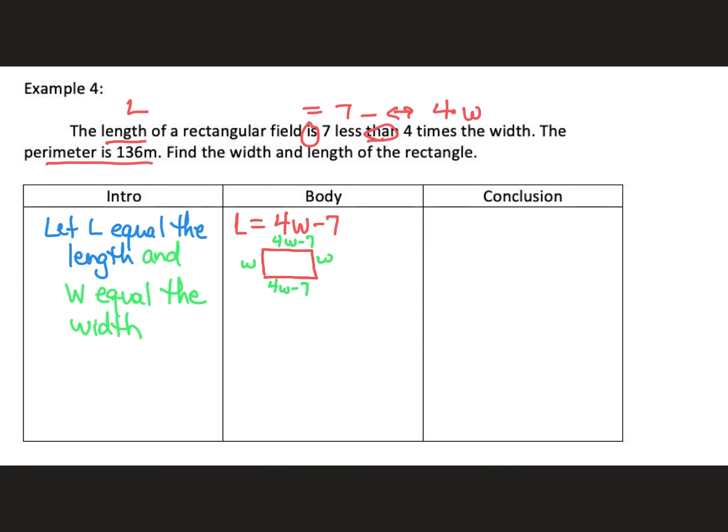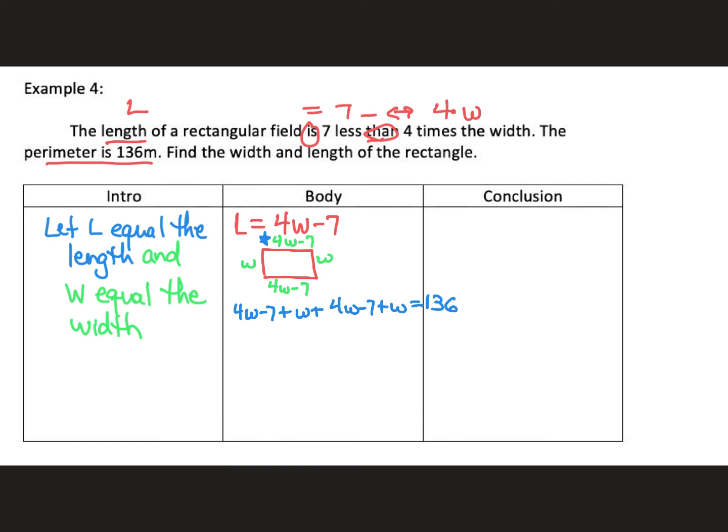I'm going to start kind of here. So we have 4W minus 7 plus, going around the rectangle, W, plus 4W minus 7 plus W equals 136. This is the equation for the perimeter.